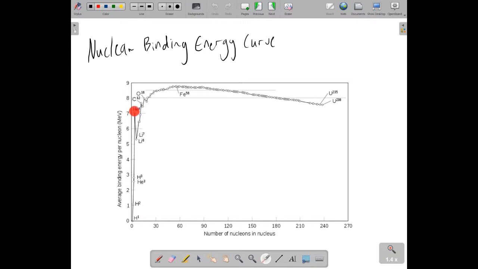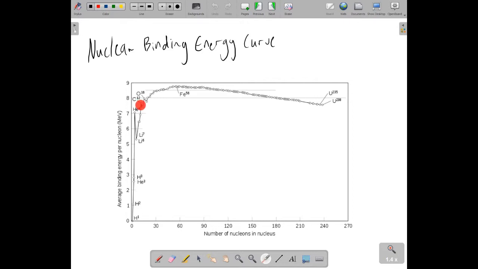Now there's a handy little feature here, and that's that helium is a bit of an anomaly. It's very, very stable, and carbon and oxygen are also anomalies. So that means there is a lot of helium being produced, and it's also the reason why, at least in my opinion, the release of a helium nucleus or an alpha particle is so energetically favourable as opposed to releasing free protons and neutrons.